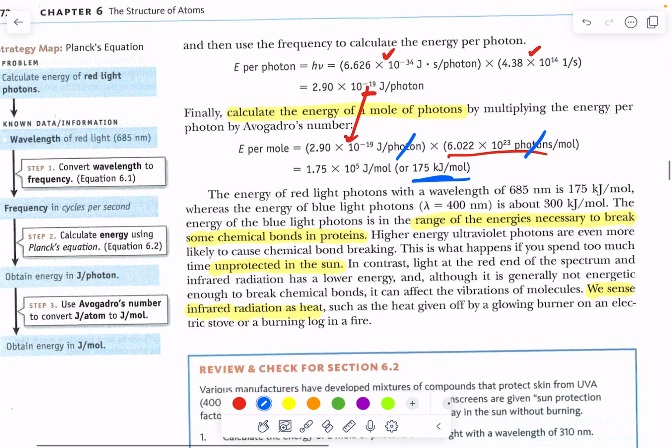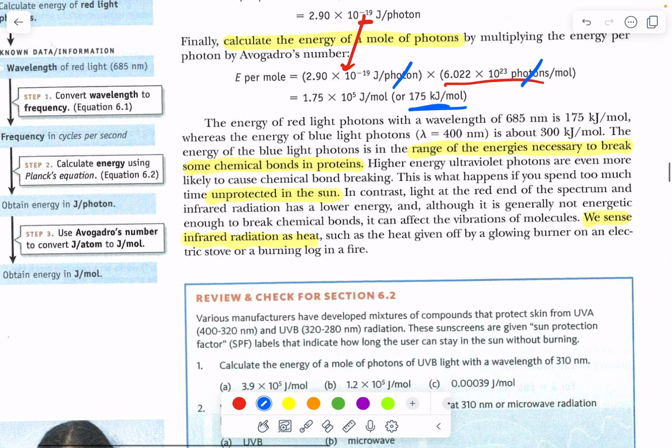Now, this energy, we should point out, the blue light photons, notice it has a low wavelength, so it's going to be a higher frequency, 300 kilojoules per mole. And this particular energy is in the range to break chemical bonds.